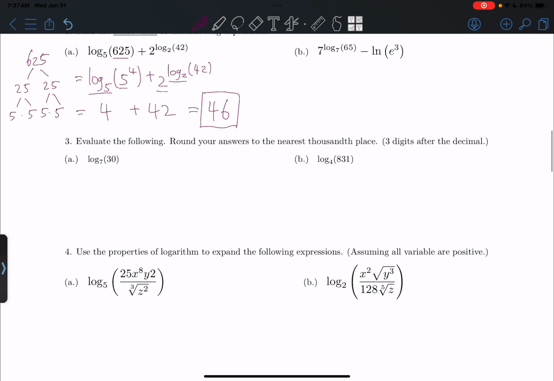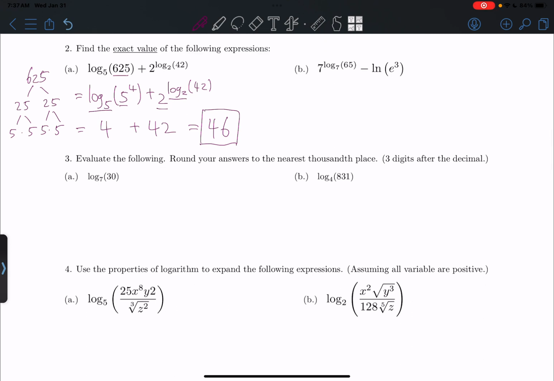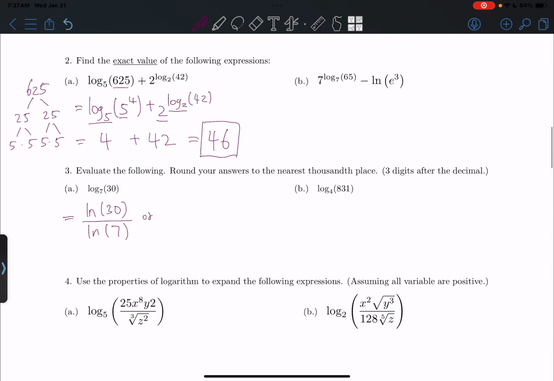The next problem type is about calculating these kind of not exact answers for logarithm, you have to use the change of base formula. We're gonna change that to either ln of 30, right, log base e over ln of 7, or you can choose the common log, so log base 10 of 30 over log base 10 of 7.